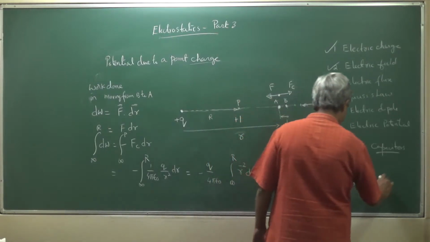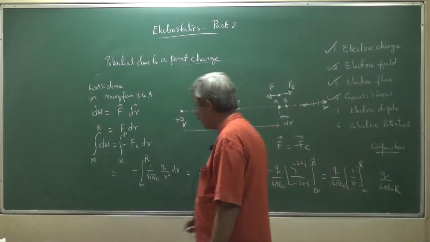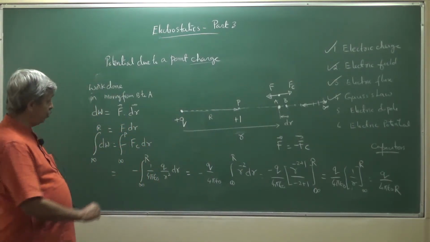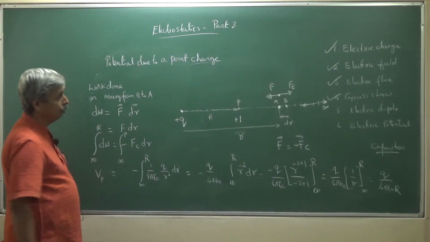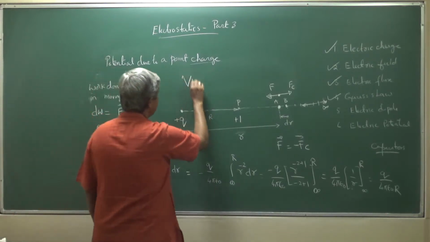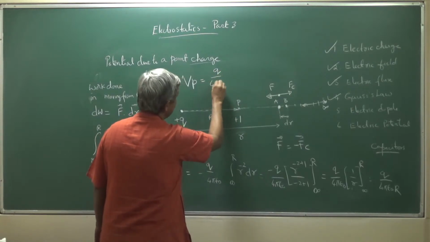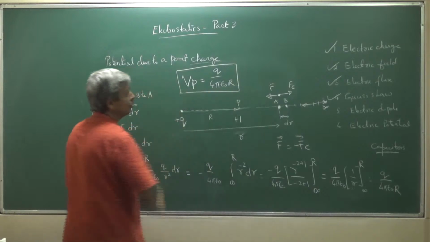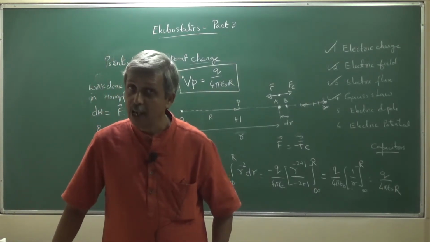This will become Q divided by 4 pi epsilon naught capital R. That is the answer. What is that? That is the total work done, and total work done is nothing but the potential at the point. So what we got is the potential at point P is equal to Q divided by 4 pi epsilon naught R.